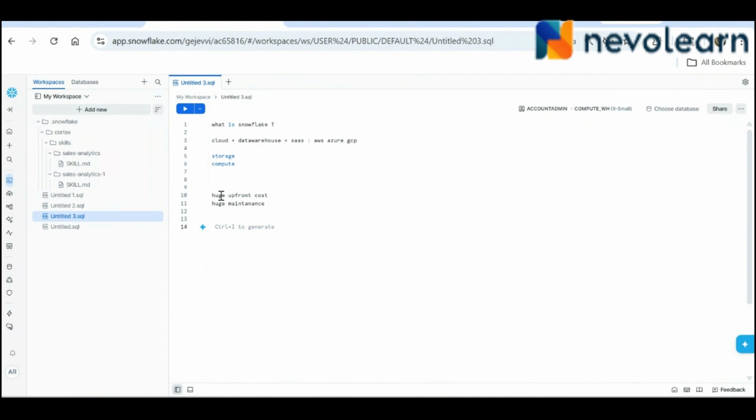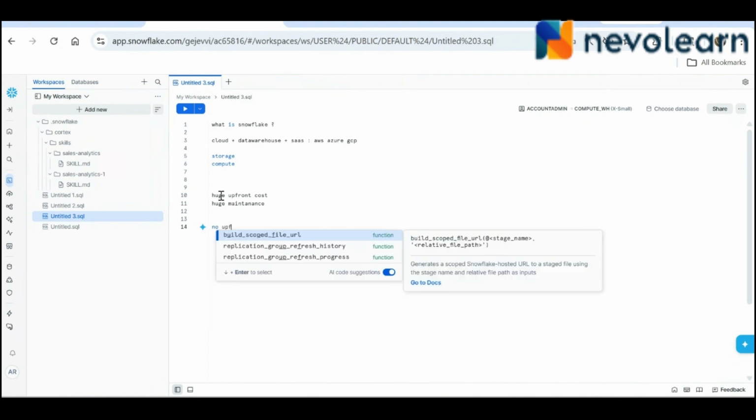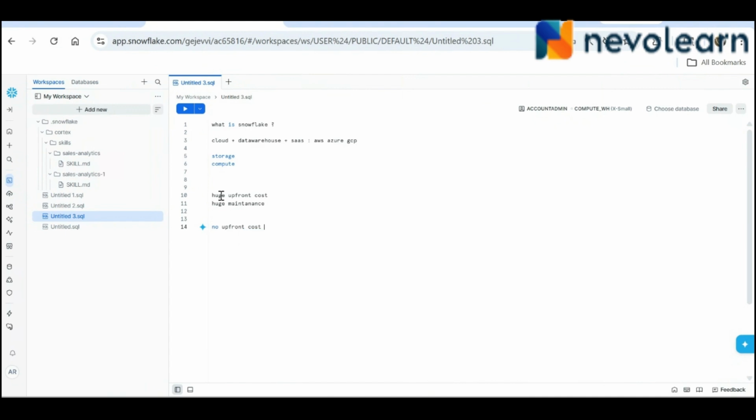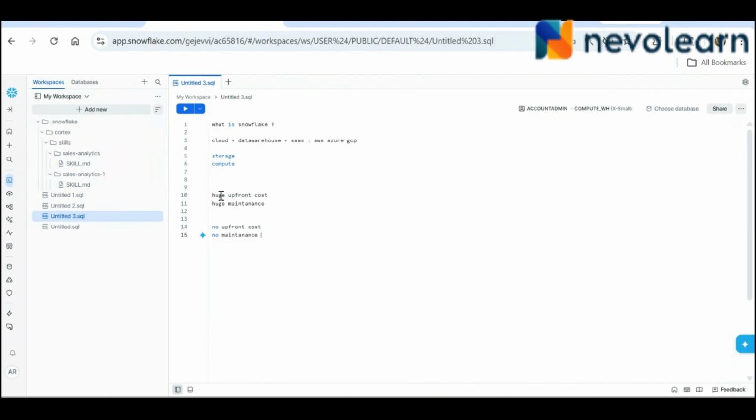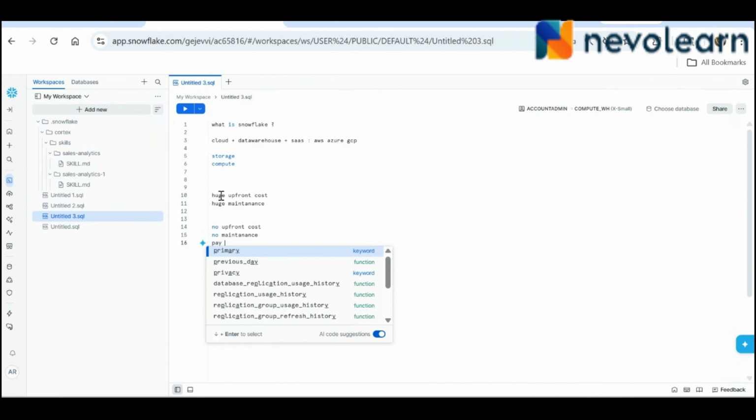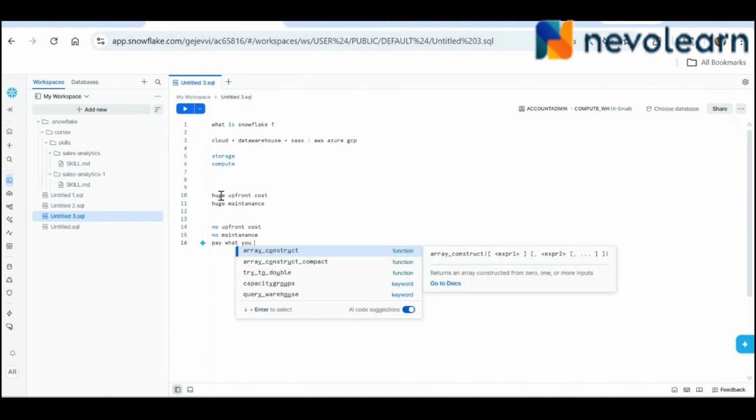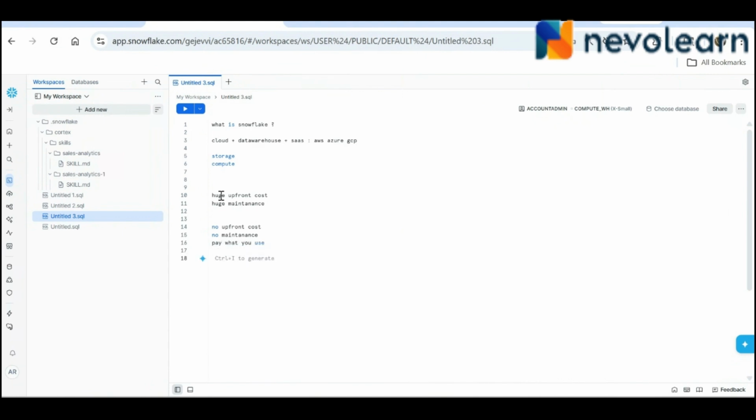You don't have any asset, you didn't earn any asset here. But at the same time, it has some advantages also. What is the advantage? No upfront cost involved. Similarly, no maintenance activities are involved, and also a pay-what-you-use model. That means according to how many kilometers you traveled, you pay.